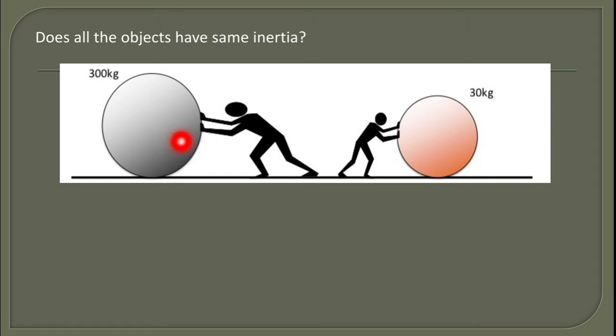It means it has more tendency to maintain its initial state of rest. And you know that the tendency to maintain its state of rest is known as inertia. So we can say that here the 300 kg object has more inertia than the lighter object, that is 30 kg.